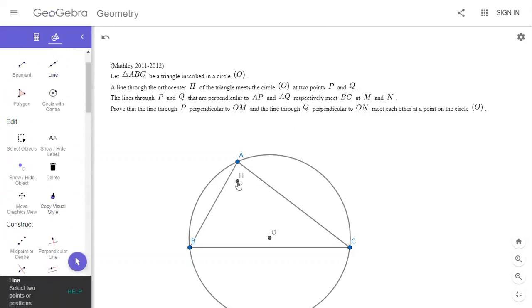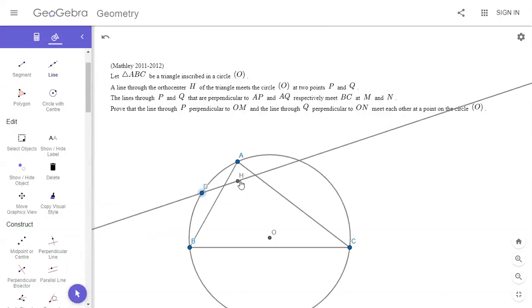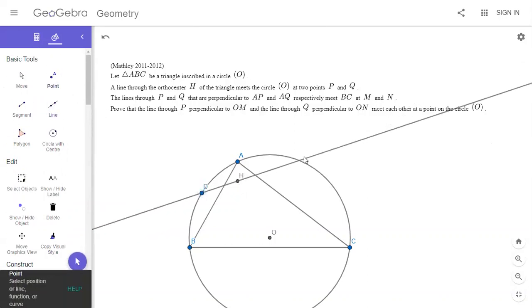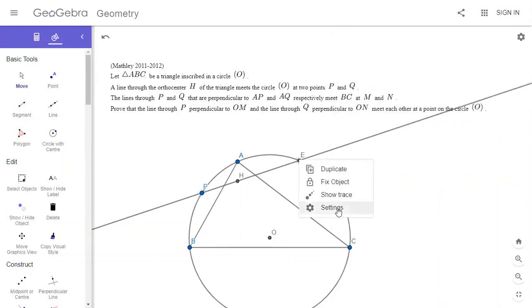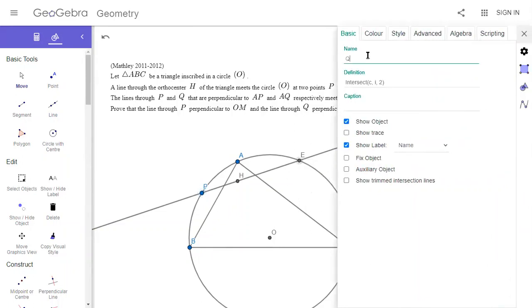I feel like often Pascal's theorem is useful for these kinds of configurations. So P and Q. Actually, now that I see what we have to prove, I think Pascal's theorem might be really useful.